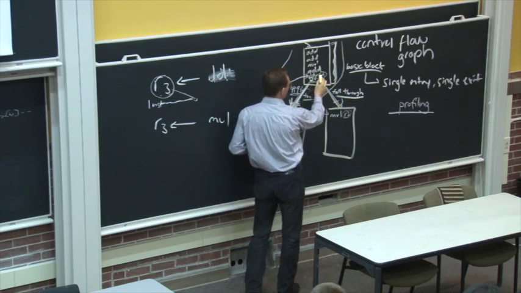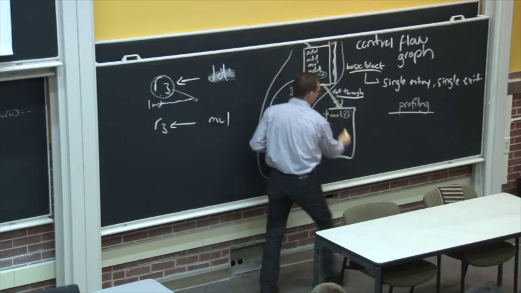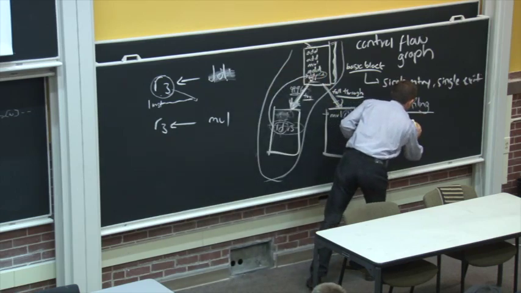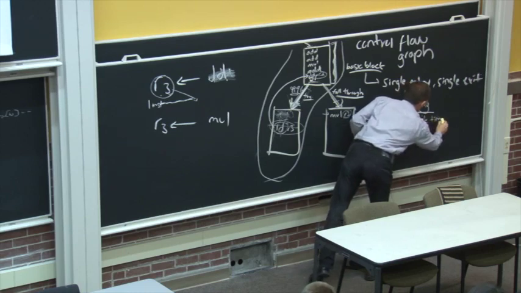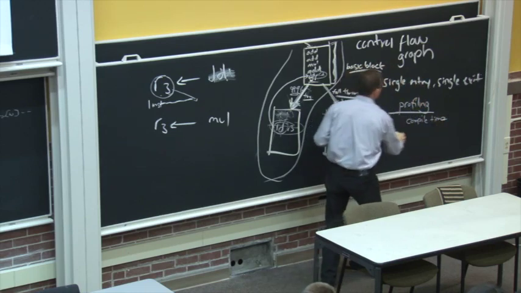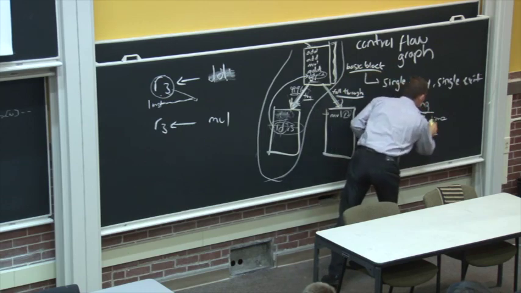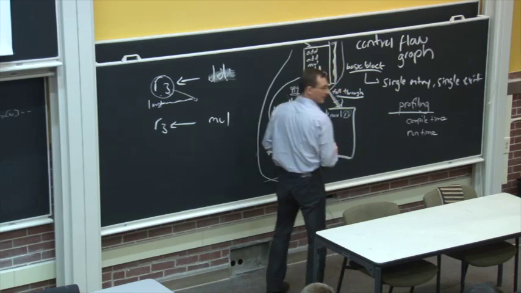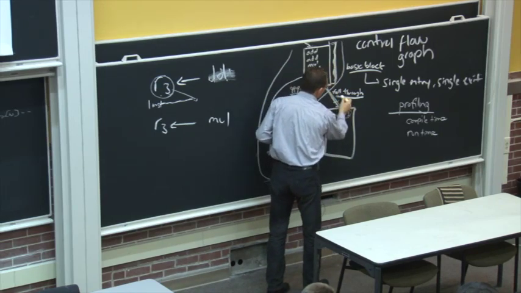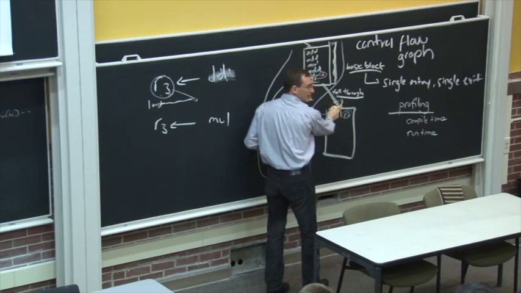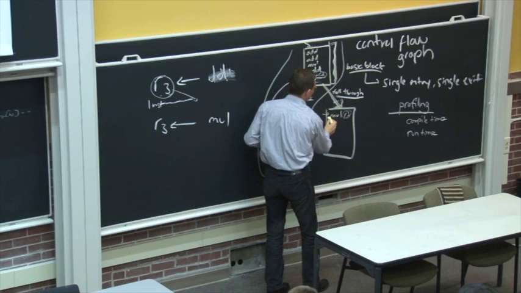Now, if the load is moved earlier, profiling is done at compile time, but during runtime, when the program really runs with a different input set, this branch may not be taken. The branch may fall through, right? Which means that you've executed this load.